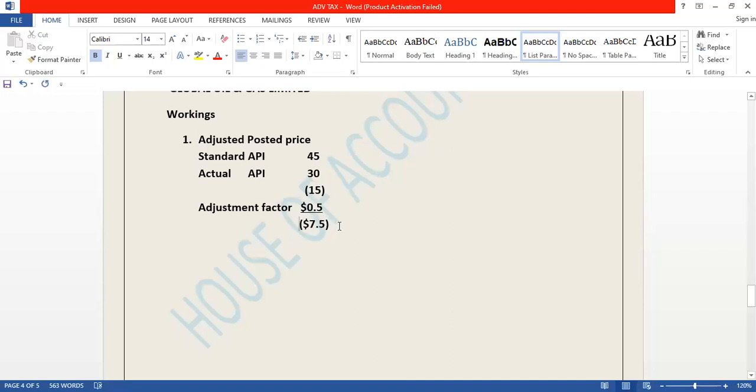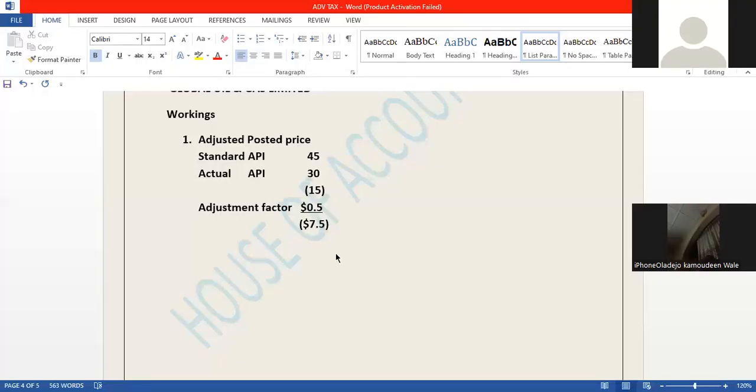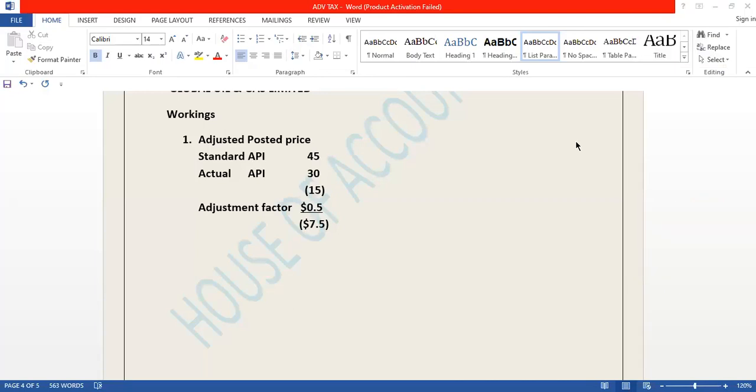So the next thing to do now, I think network is back. So we have 7.5 as the difference in falling of that API.